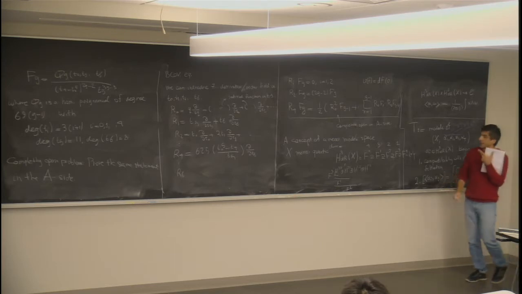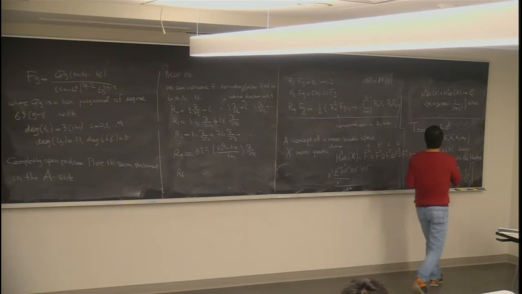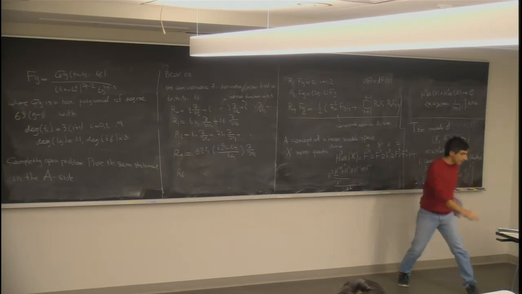You will notice the dimension of this is 7. One dimension comes from the moduli of X, and another 6 dimensions come from the freedom of choosing the basis.